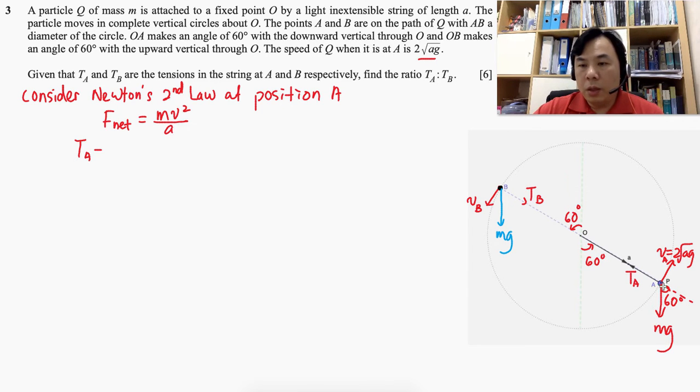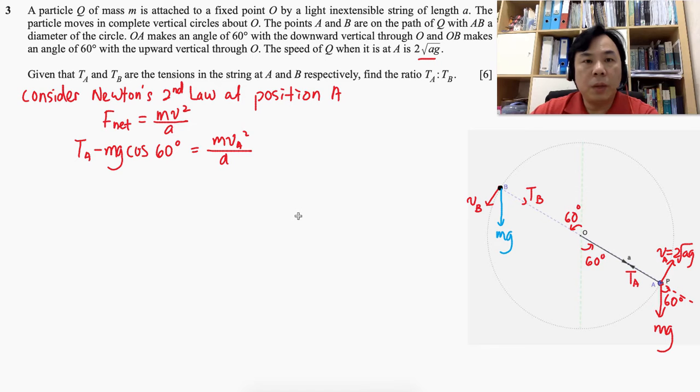Now there's a component mg here, which is not along the string, so you have to resolve it. In order to resolve that, you end up with cosine of this angle, which is 60 degrees, and that should yield the m v_A², because that's the speed of the particle Q at position A.